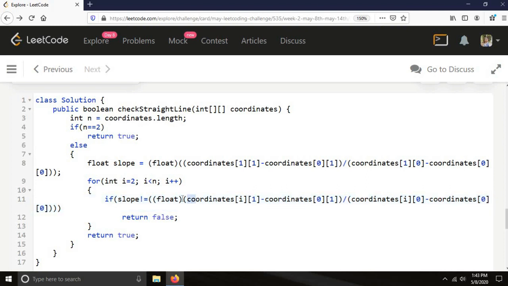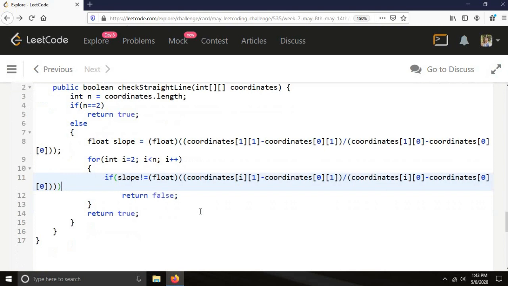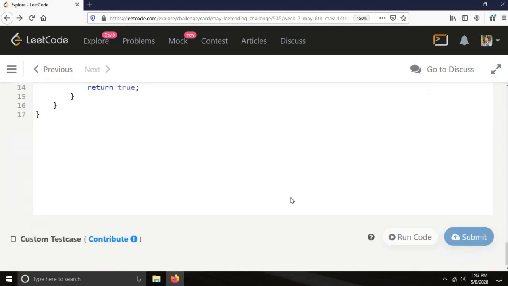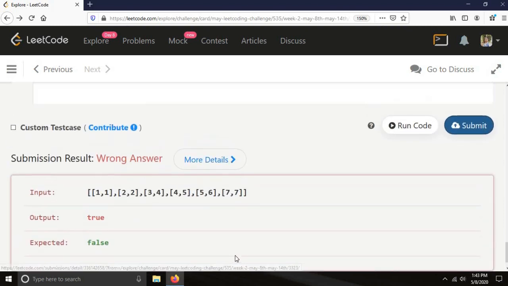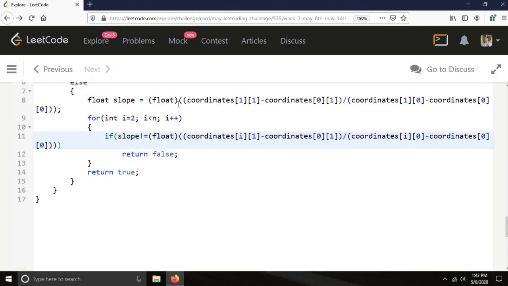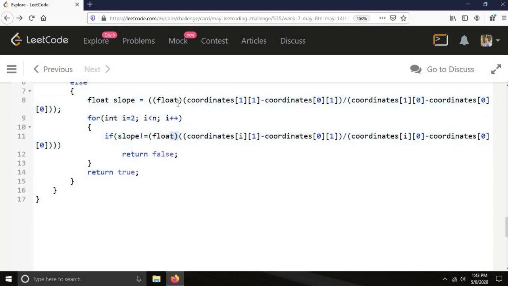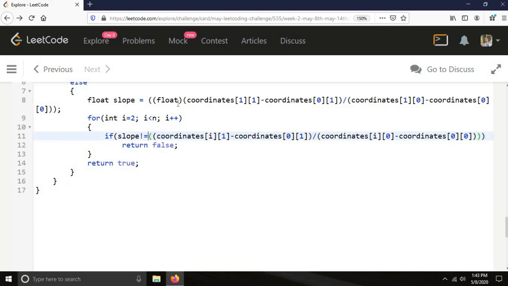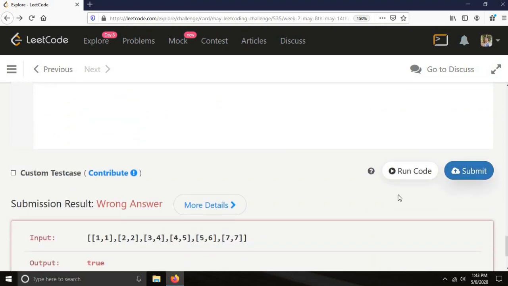Okay, float will be here basically, and let's run and submit. Again it's telling us float. Let's put float here. Now it should run.